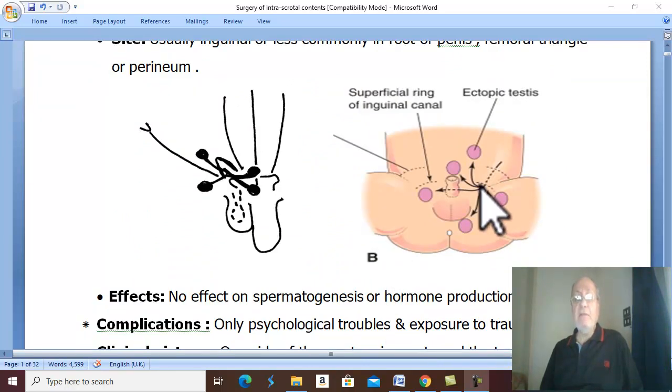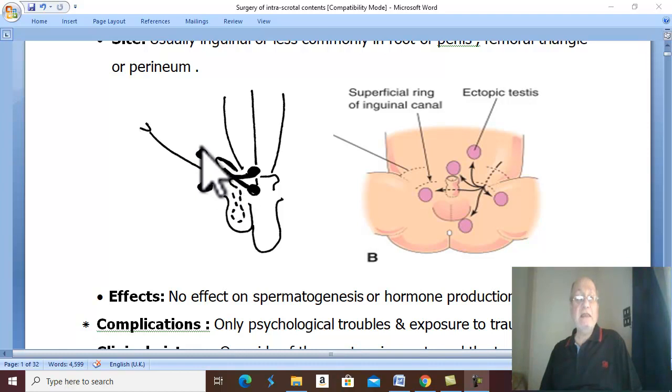One accessory tail passes to the inguinal region, one accessory tail passes to the femoral triangle, one accessory tail passes to the perineum, and one accessory tail passes to the root of the penis or suprapubic region. Therefore, there is the main scrotal tail of gubernaculum, which normally pulls the testis to the bottom of the scrotum, and there are 4 accessory tails.